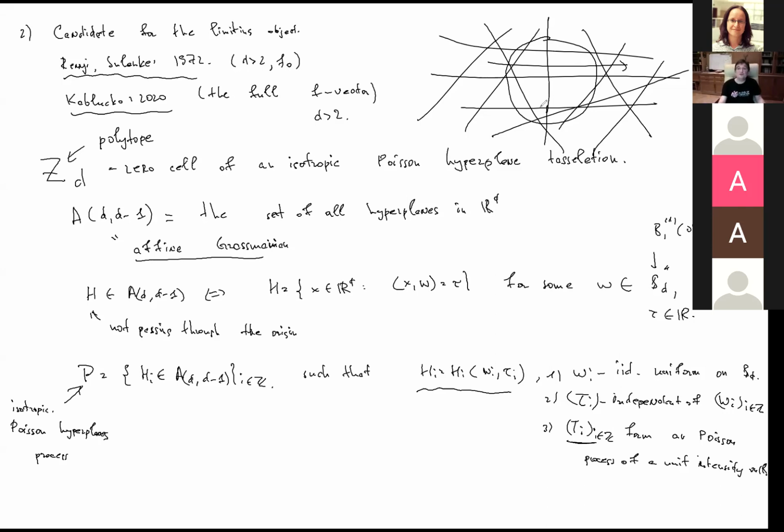It's obvious. And the zero cell is a unique polytope. It can be checked that it is a polytope containing the origin.